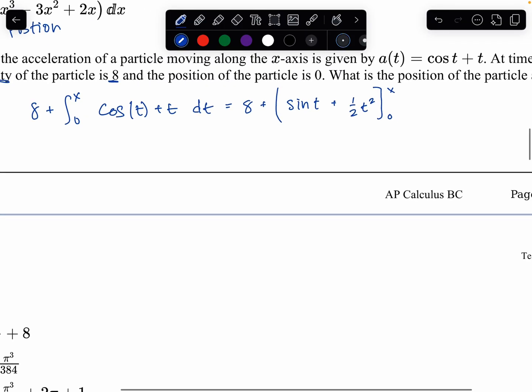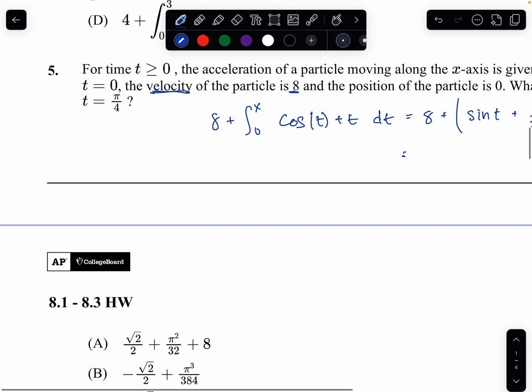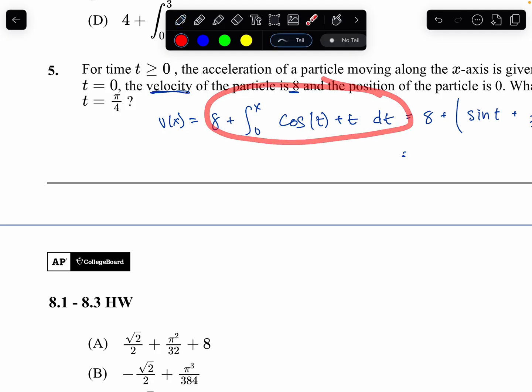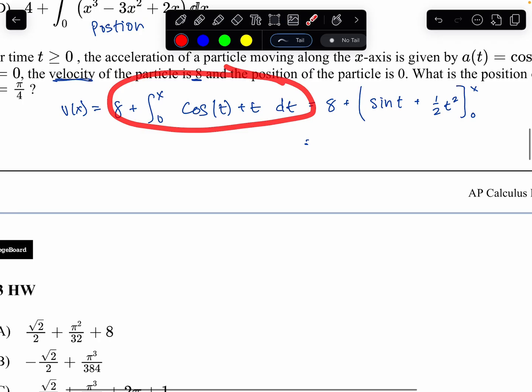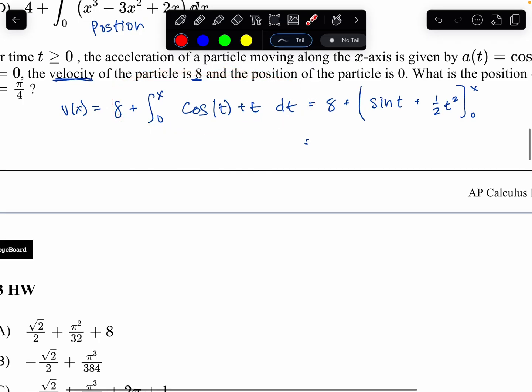So then this makes my job easier, because then we'll say v of x is equal to all of this right here. That makes sense, because that's why we have the 8 here.